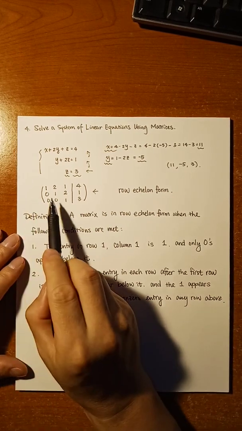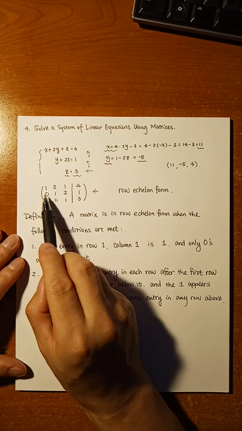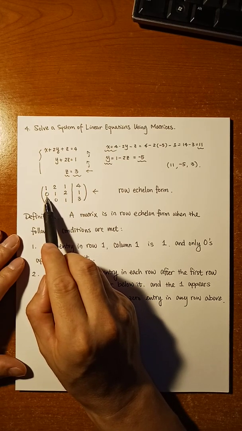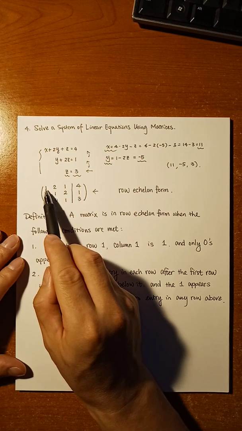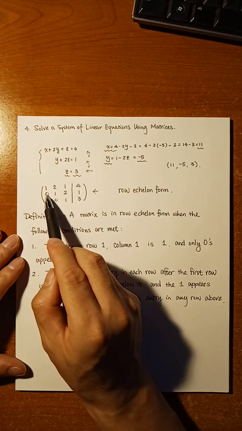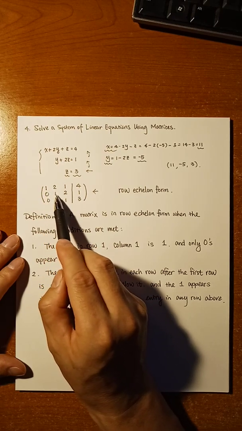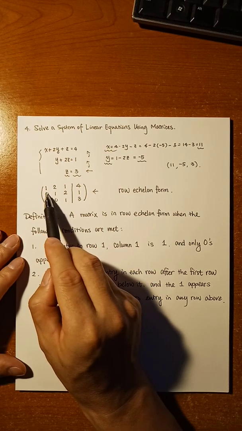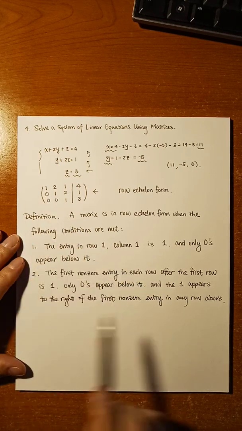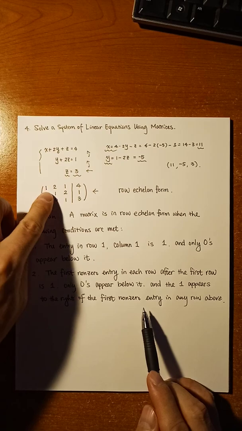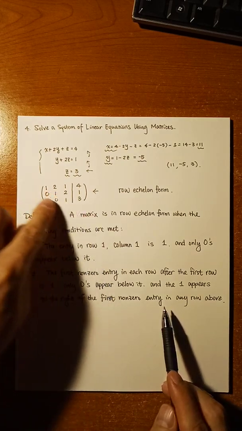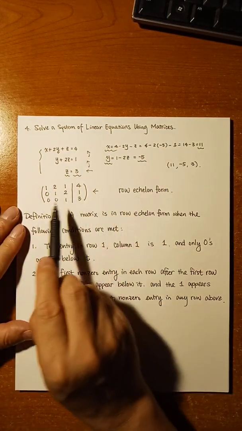So this means, you see here, this number 1 cannot appear in the first column, because we know the first row, first column entry is 1, and below it is always 0. So the non-zero entry must be on the right of the first non-zero entry in the row above. It always moves to the right.